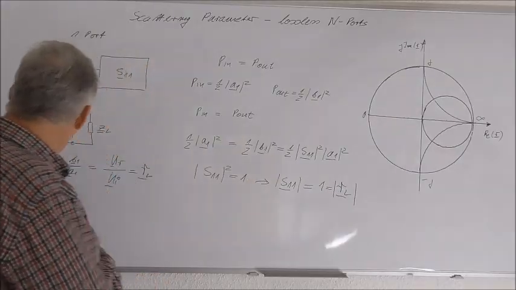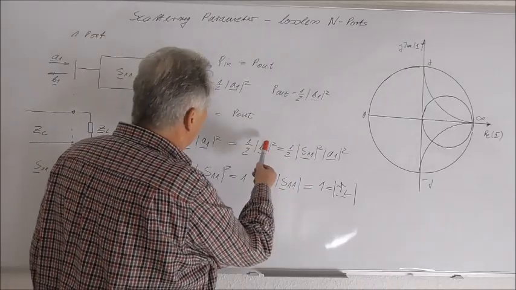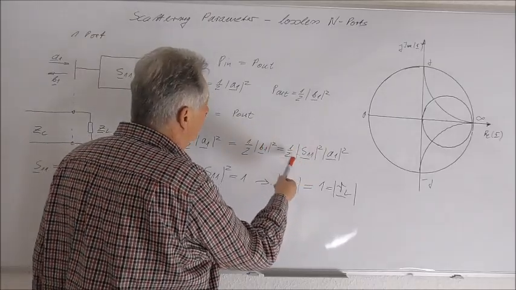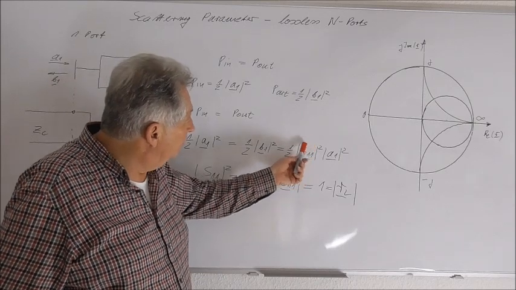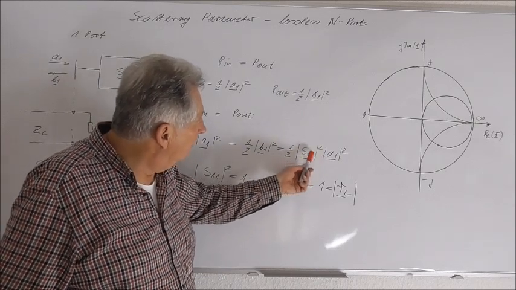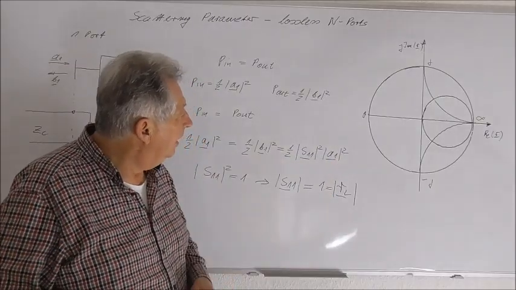But according to this definition here, the absolute value square of B1 will be equal to the absolute value square of S11 times the absolute value square of A1.